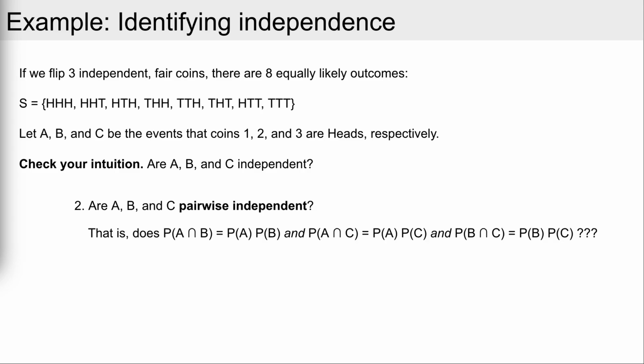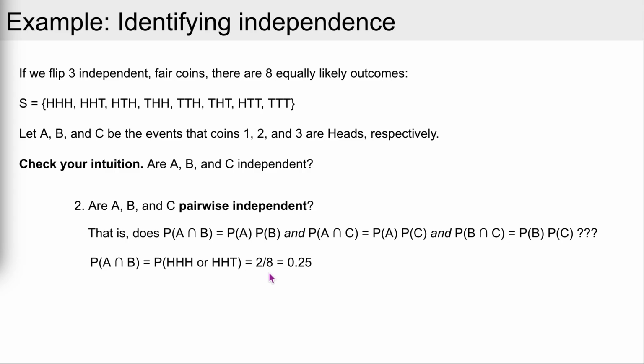That is, each pair of events: the pair A and B, the pair A and C, and the pair B and C. Are these all independent? Let's check the first pair, A and B. The intersection of A and B, or getting heads on the first two coin flips, can occur two ways: heads, heads, heads, or heads, heads, but then tails on the third coin flip.